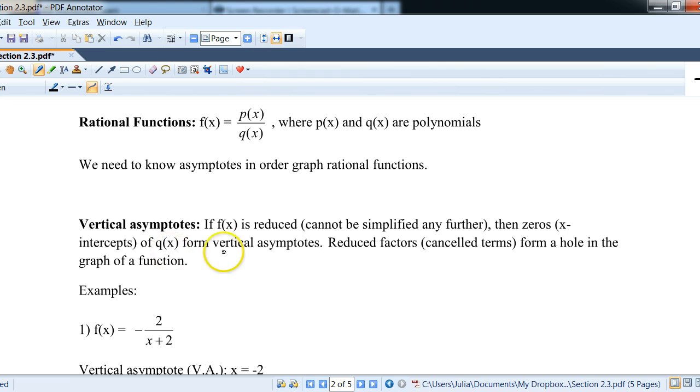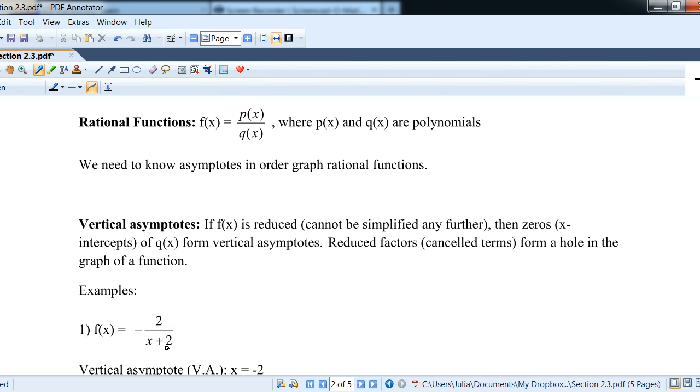So the most important characteristic is that your function is reduced. We're going to see one example where it's not. Here in number 1, it is reduced. Notice you cannot cancel the x plus 2 in the numerator with a 2 in the denominator because you cannot factor it. X plus 2 is like a unit. The factors have to be multiplied by one another in order to cancel.